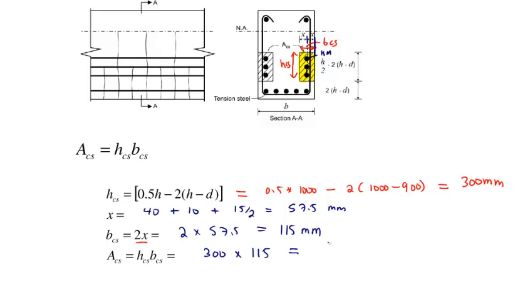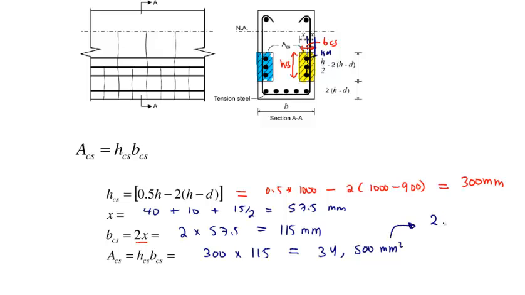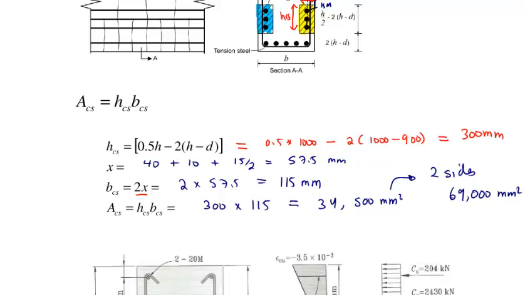If you do the calculation, you're going to find it's equal to 34,500 millimeters squared. We have two of these, right? So you have another one over here. So for two sides, we're going to need 69,000 millimeters squared. That's the area of concrete, but I want the area of steel.